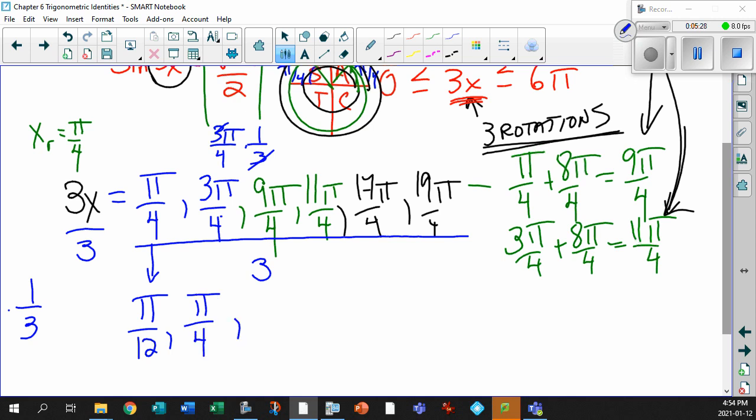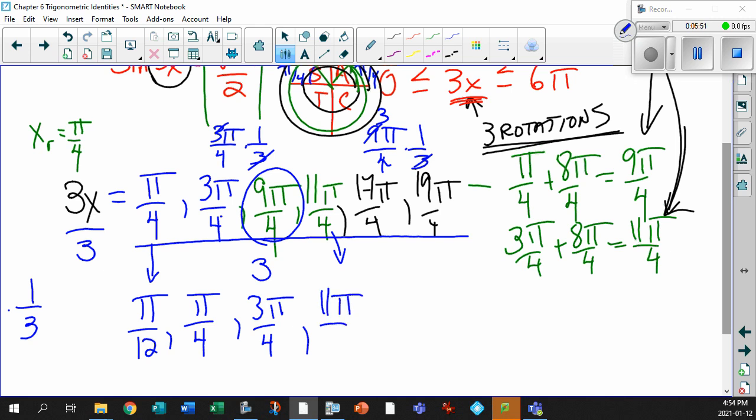How about this 9 pi over 4? Same kind of thing. Multiply it by a third, the 3's cancel out, giving you 3 pi over 4. There's your next answer. Oh, isn't this cool? Check this one out. You can't simplify that one, so just dividing by 3, this becomes 11 pi over 12.